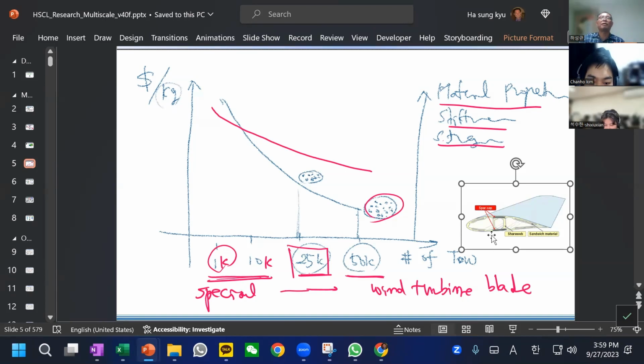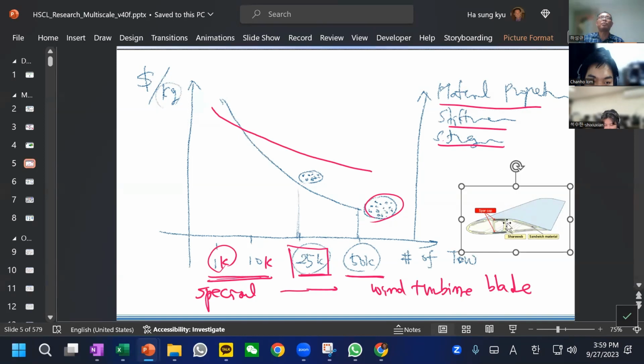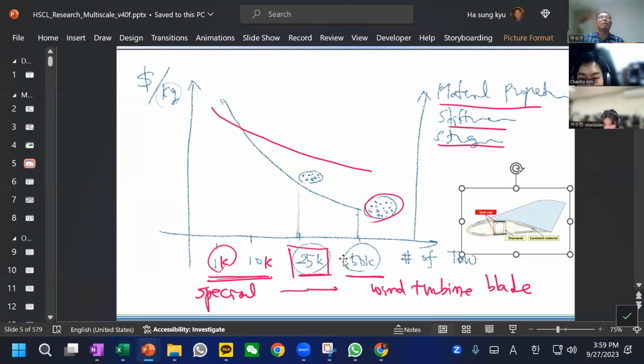Okay, but next time we cover the wind turbine blade structures. But anyhow, the point is that the 50K is the lower price and has a little bit less material property, but cost performance-wise it is very good. And then it can be used in very big structures.